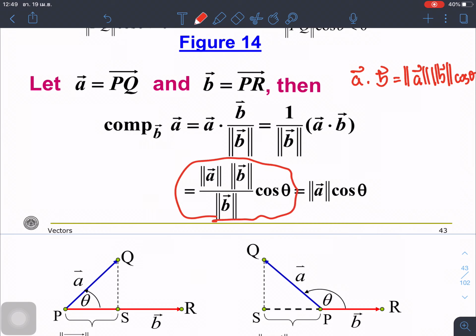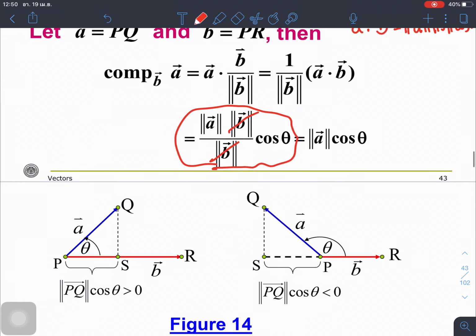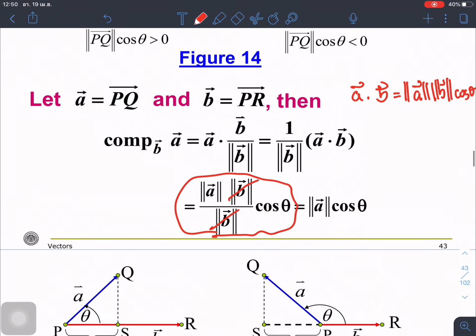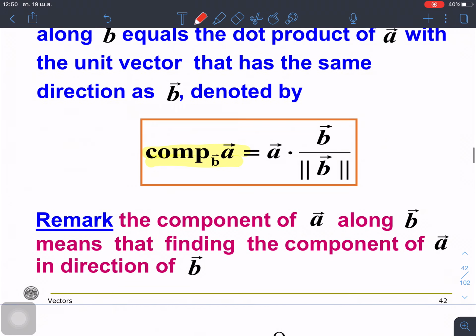Then the magnitude of B and the magnitude of B cancel out one another, so you get the length of A times cosine theta. So that's another way you can find the scalar component of vector A in the direction of vector B.